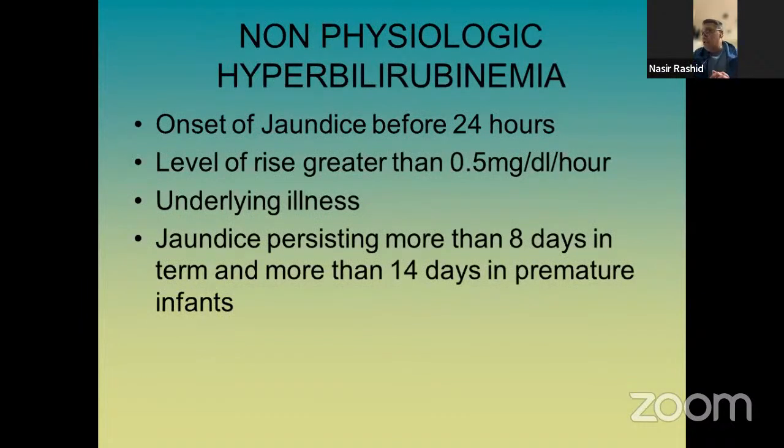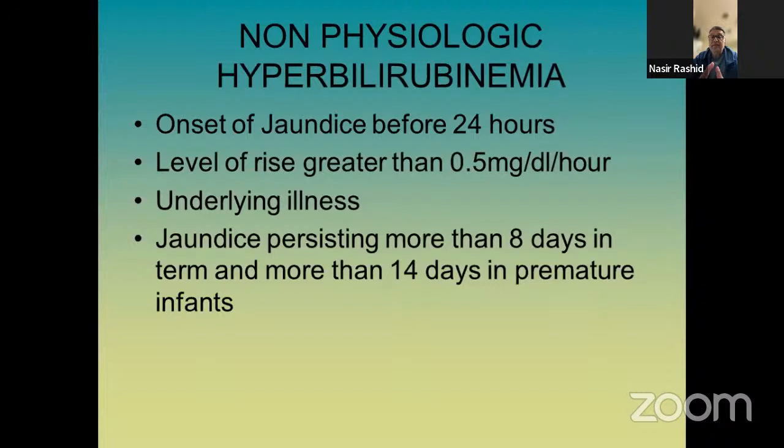Now, non-physiological hyperbilirubinemia, this is very important. If a baby appears jaundiced before 24 hours of life, that is non-physiological. They should not appear terribly jaundiced on day of life 1. If the rate of rise is greater than 0.5 milligram per deciliter per hour, that is also non-physiological.